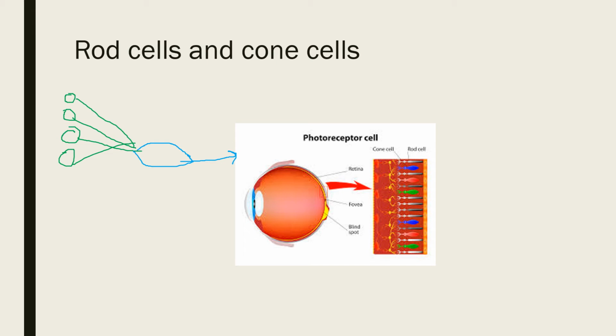Whereas cone cells are also photochemical receptors found in the retina, mainly located in the fovea, where there are no rod cells. The fovea can be found on the diagram in this area right here.